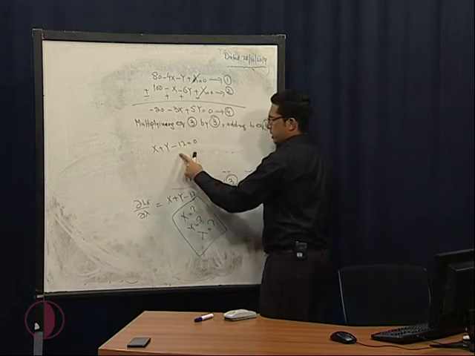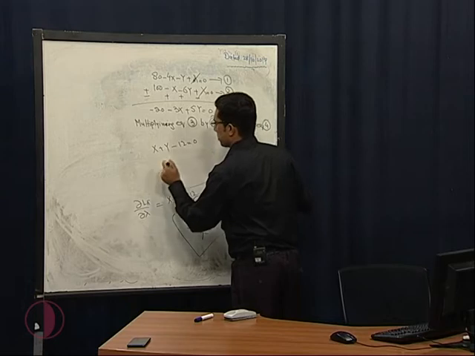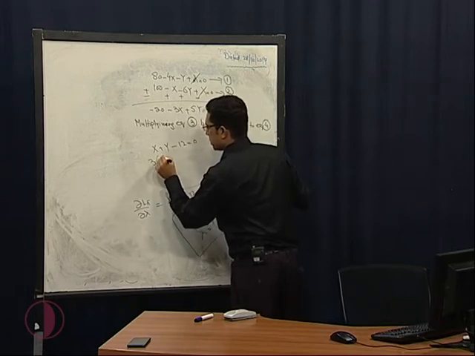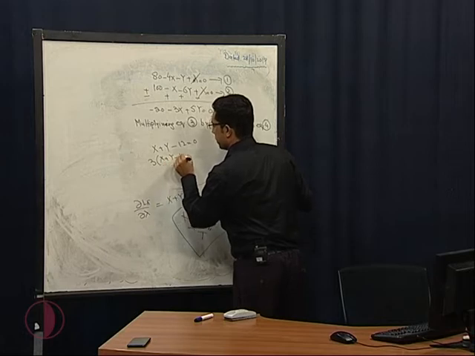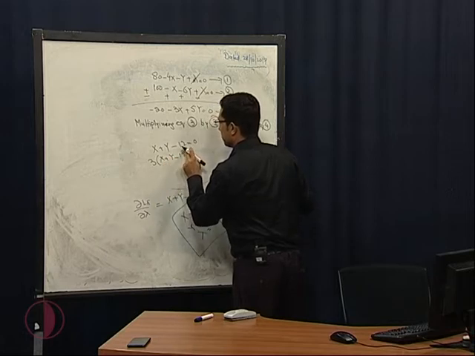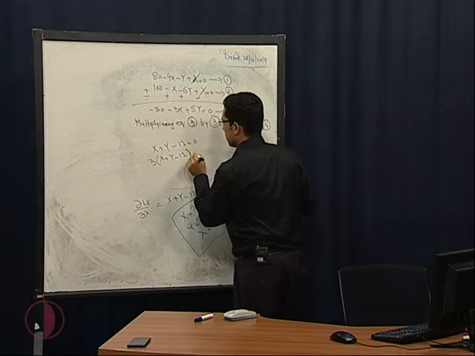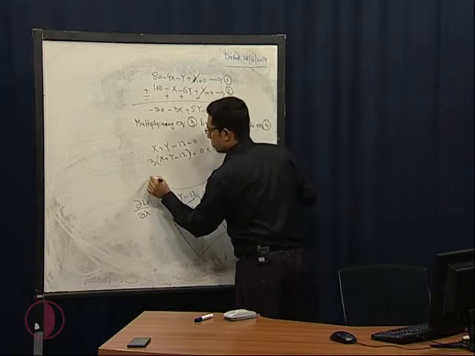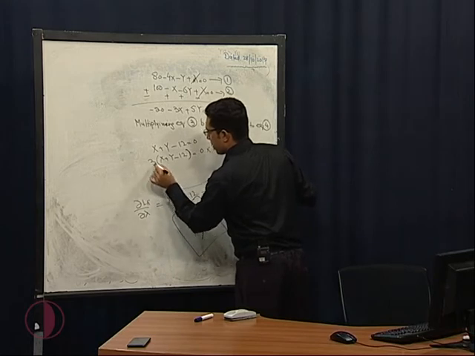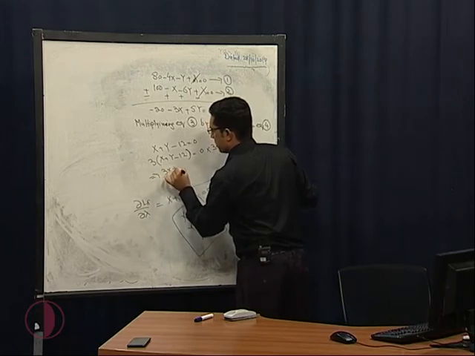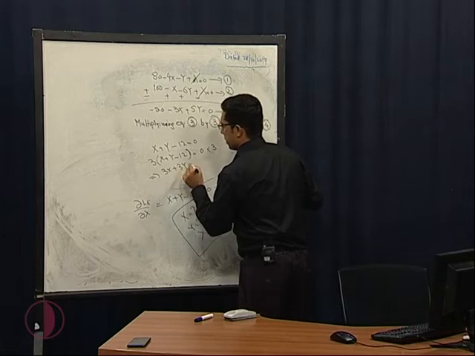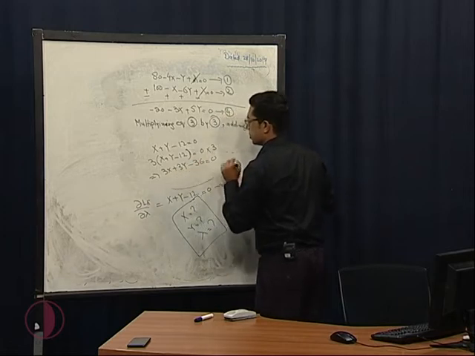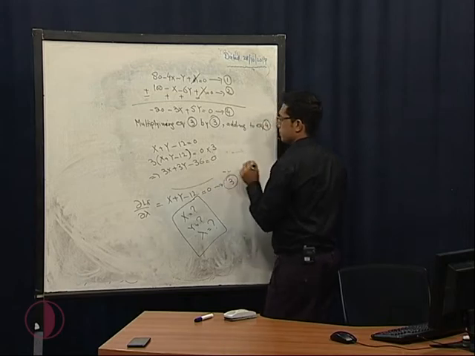Multiply it by 3: 3 into x plus y minus 12 equal to 0. This becomes 3x plus 3y minus 36 equal to 0.